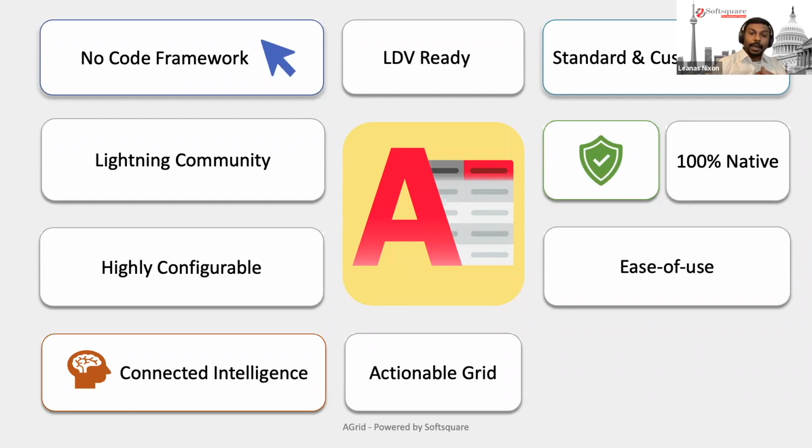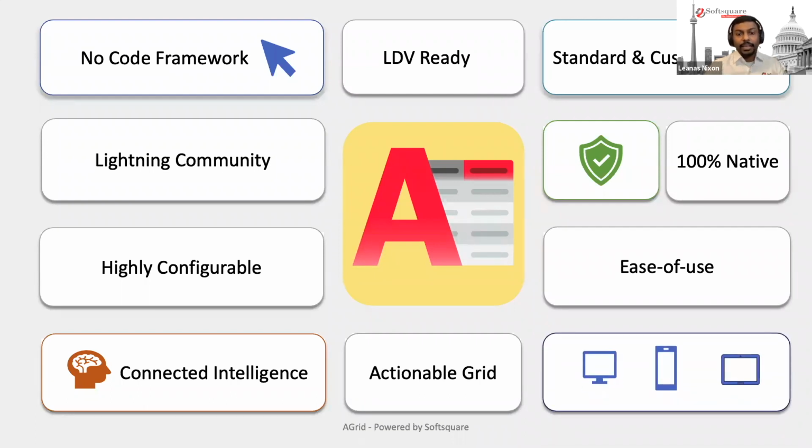That means you can have an open cases related list on the opportunity record detail page, even though they don't have any direct relationship. Now that sounds like magic, but it is real. All you need is a common entity between different objects to connect. AGrid is fully compatible with your desktop, mobile, and iPad devices.